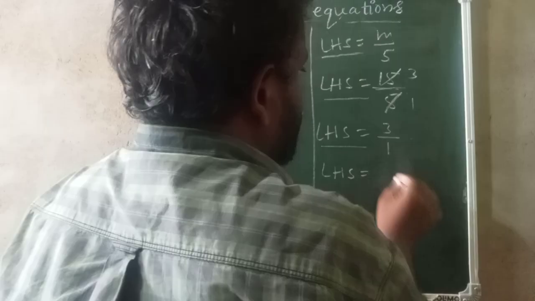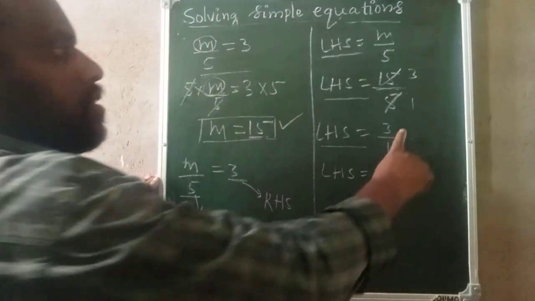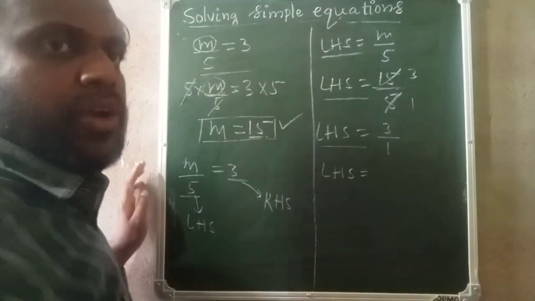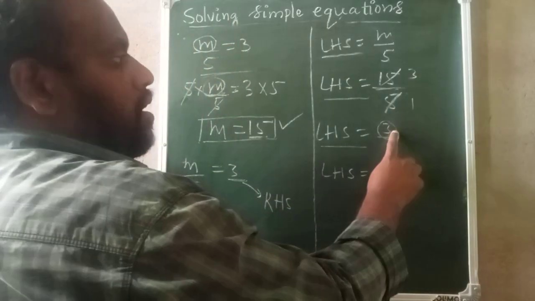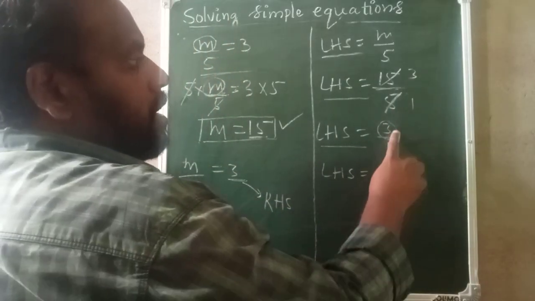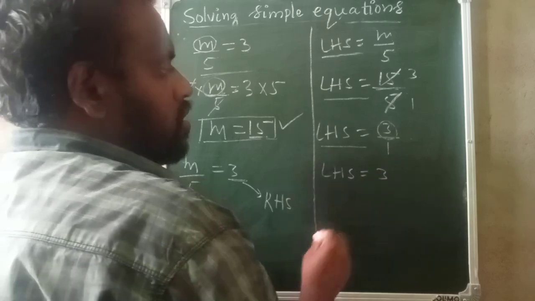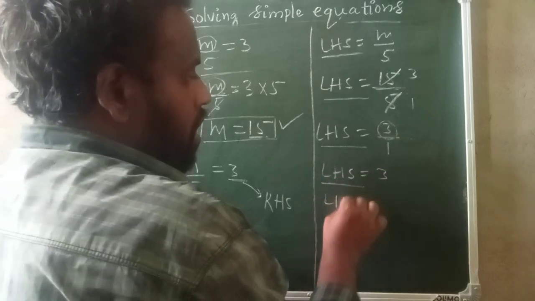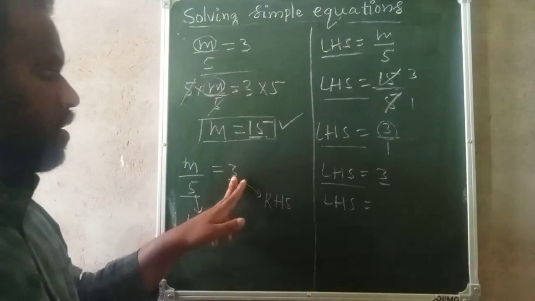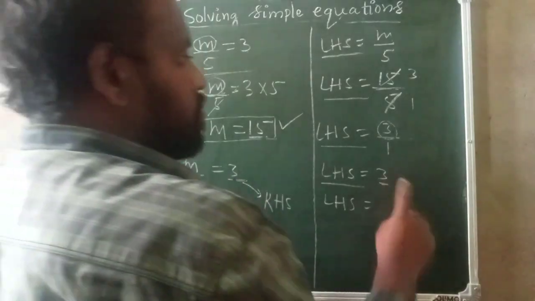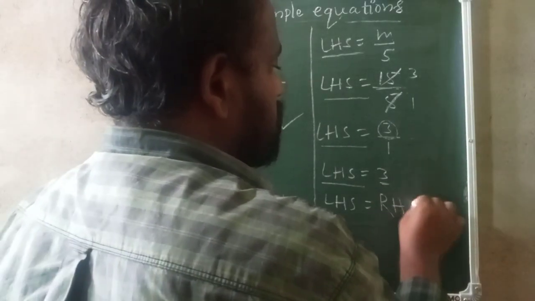Next step, write LHS is equal to 3 by 1. 3 divided by 1 is 3 only. Any number divided by 1 gives the same number, so 3. Next step, write LHS is equal to 3. 3 is what? 3 is RHS. So in place of 3, I will write RHS.